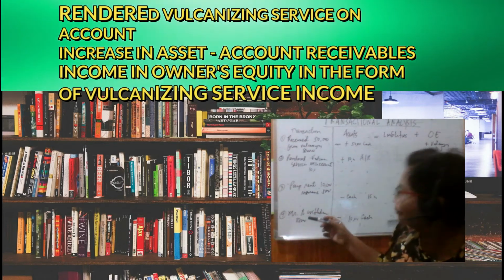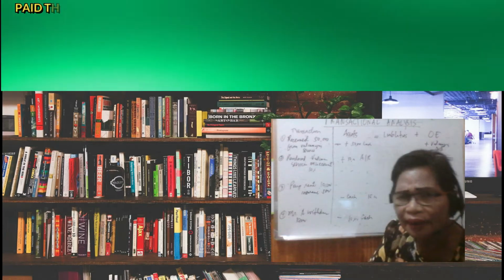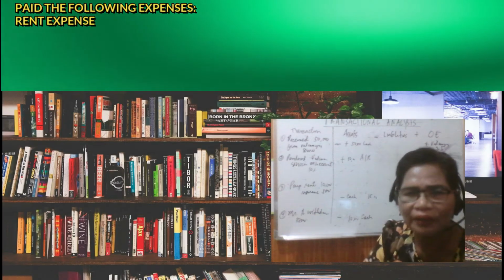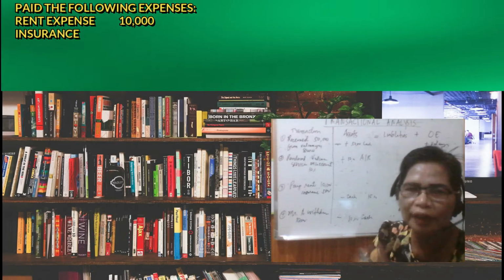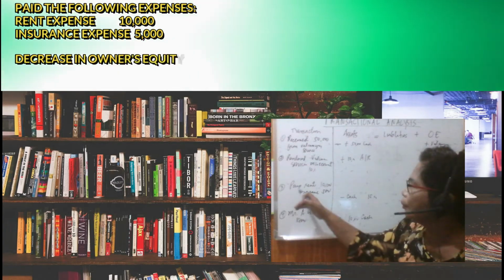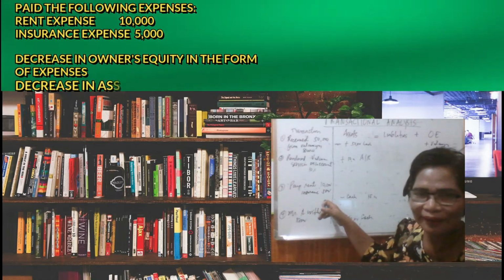Okay, next. Of course, if you're going to do business, you're going to incur expenses. That is a natural occurrence. If you receive income, you're going to spend. So this time you pay rent of 10,000 and then insurance also of 5,000.